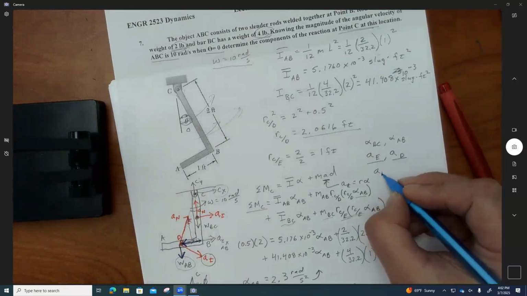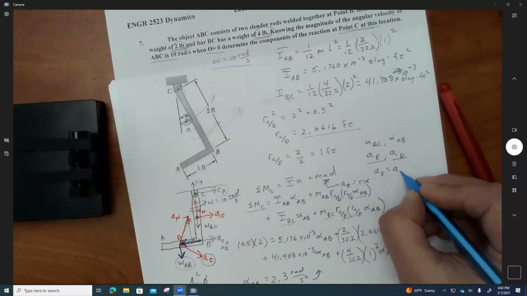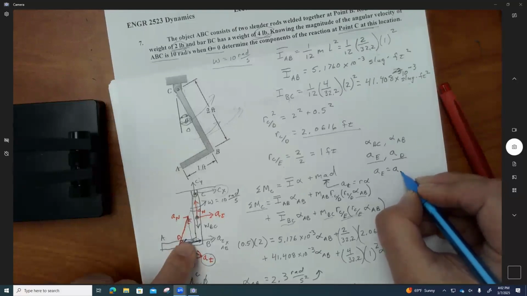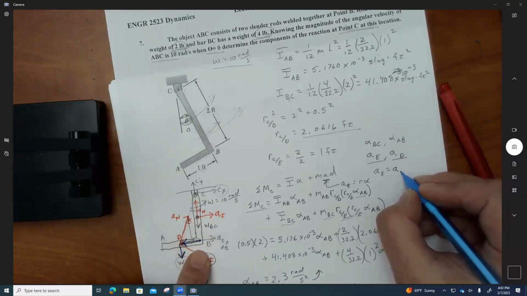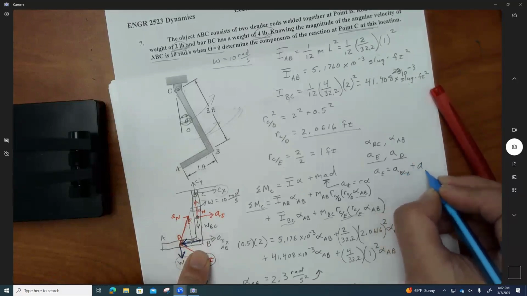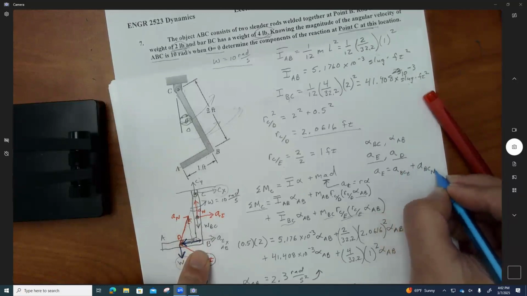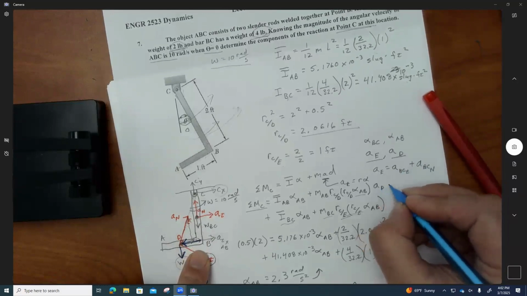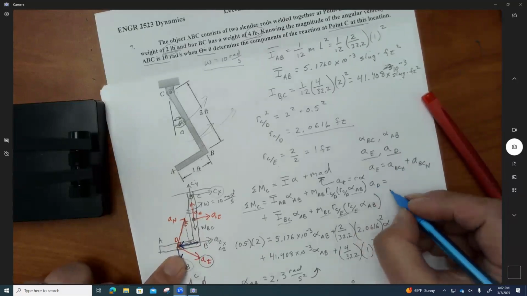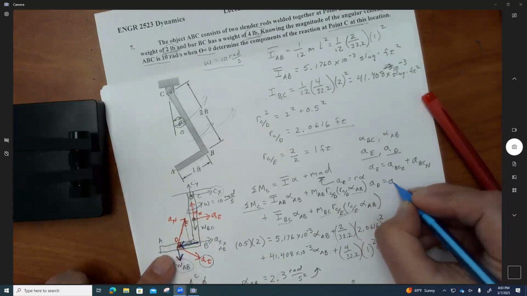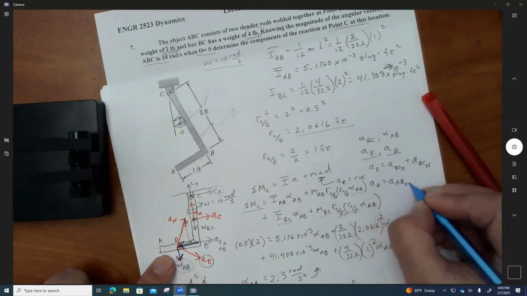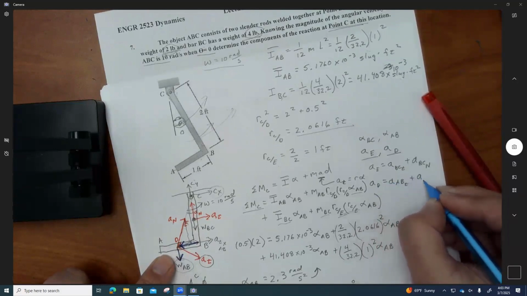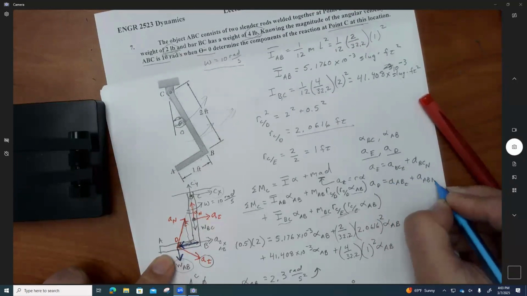So AE is really equal to A, this is what I called E. So that is going to be the BC tangential plus acceleration of BC normal. And AD is equal to the acceleration of AB tangential plus acceleration of AB normal.